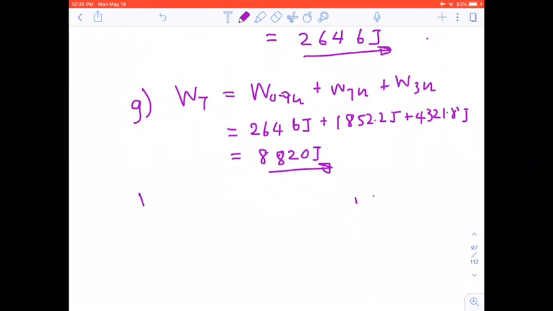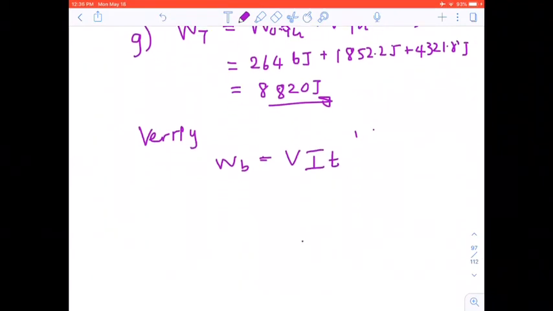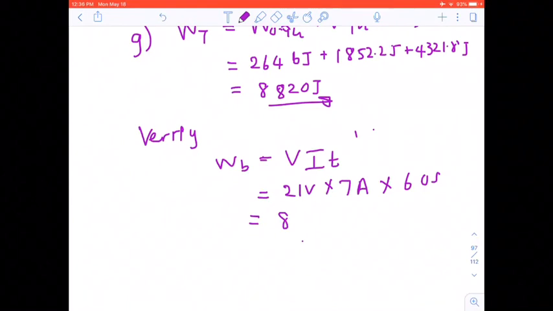But just to verify that again, like we did in the other cases, we're going to say W of battery is equal to VIT, and that would be then equal to 21 volts, and we know the current in the circuit is 7 amps, and then we've got 60 seconds, which gives us 8820 joules.